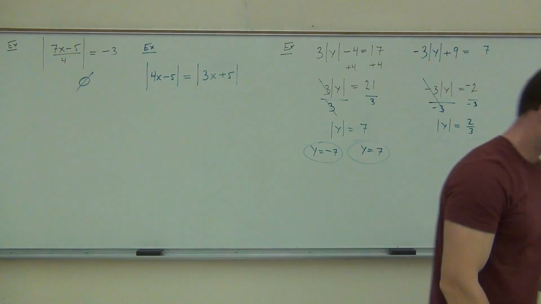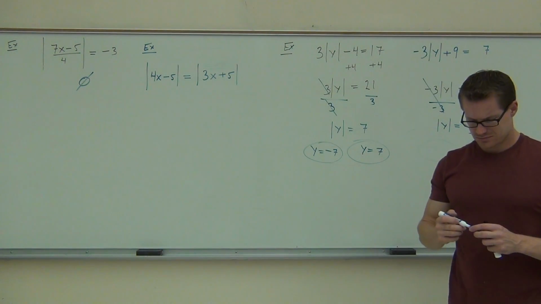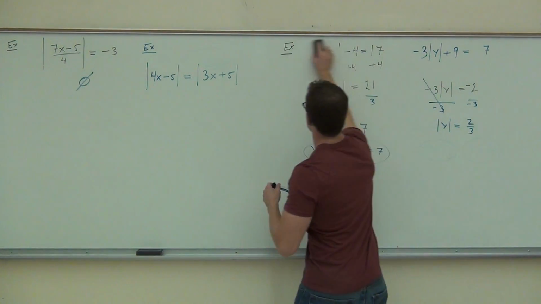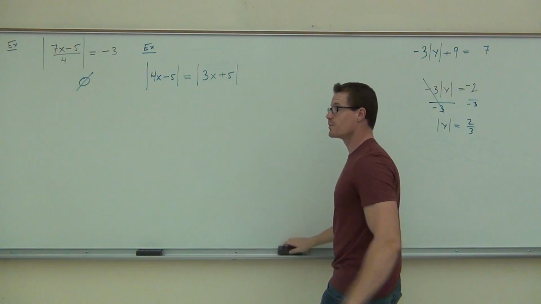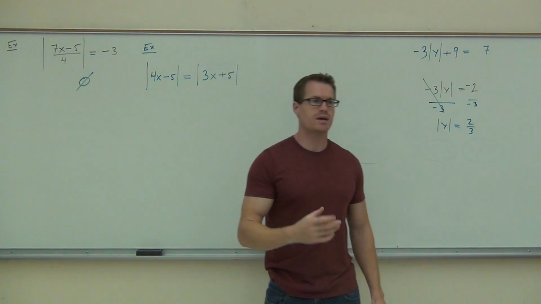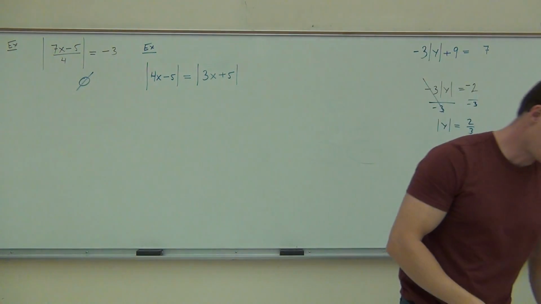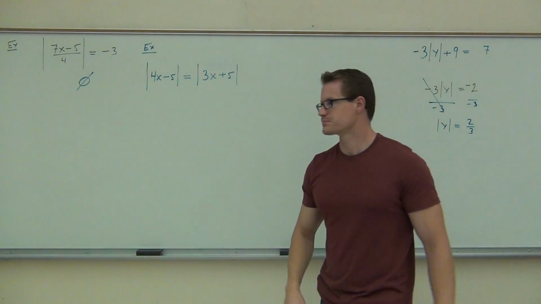What are we going to do there? Would they have to be equal to each other? Well, we'll talk about that. We've got several cases, okay? We've got certain cases which we're going to take a look at.